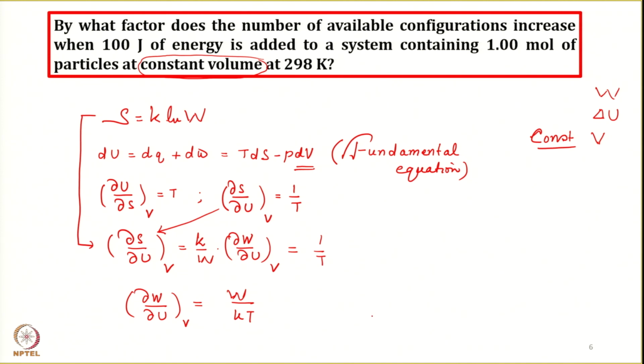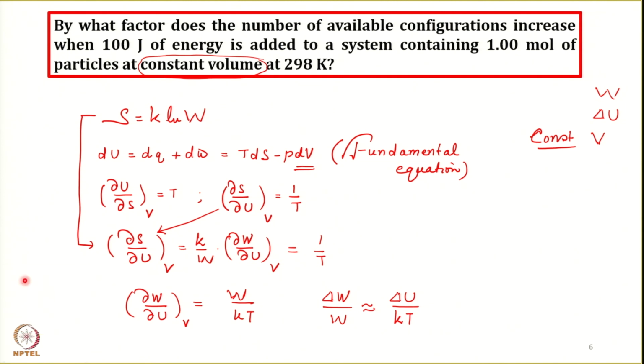This equation allows me to write approximately, delta W by W, as delta U by KT. This is what actually I am looking for.